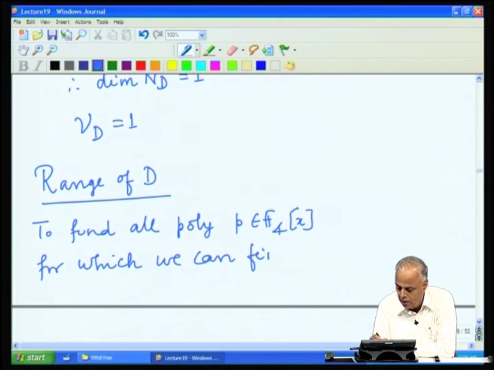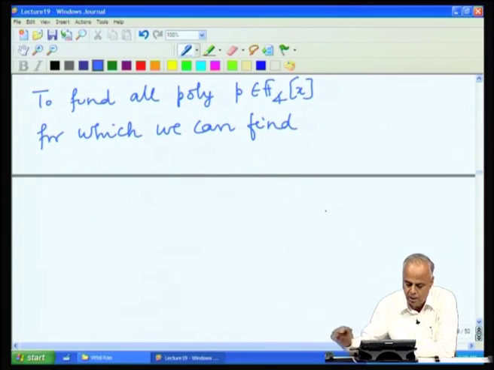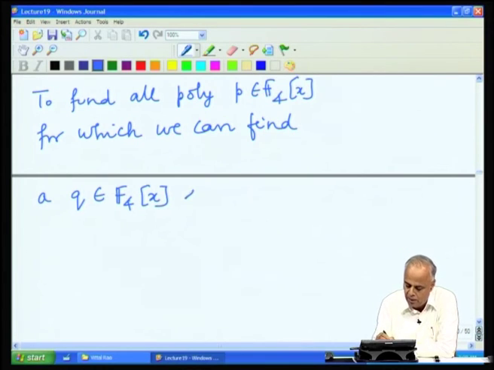What does that mean? We can find a q which is also in that same space, because it is a linear operator, such that the image of q is equal to p.